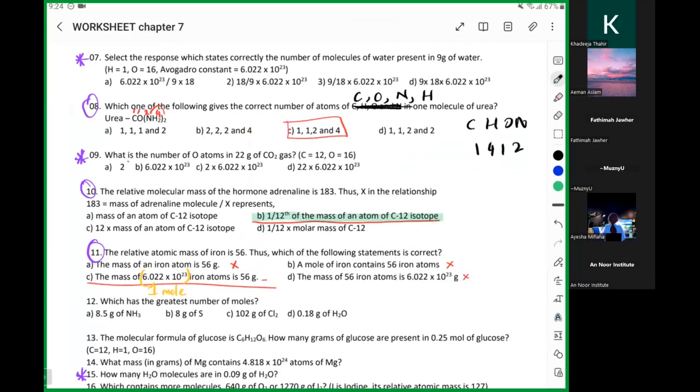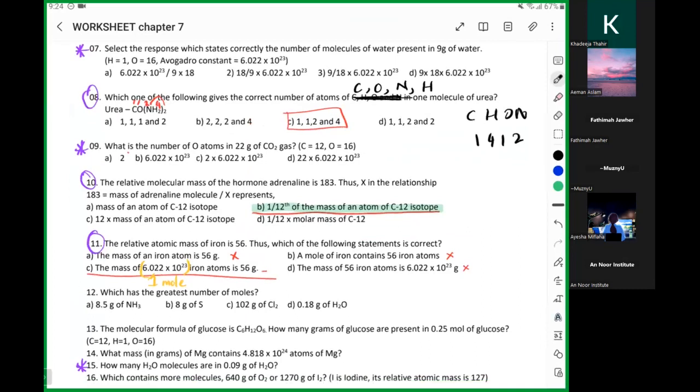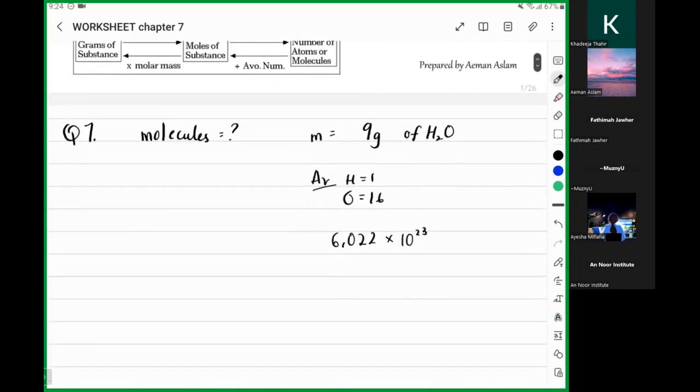Now, this is how you will do it. We'll see whether the answer is 3 or not. If you want to find the number of molecules, the first thing you need is the number of moles, because you know that 1 mole is this.